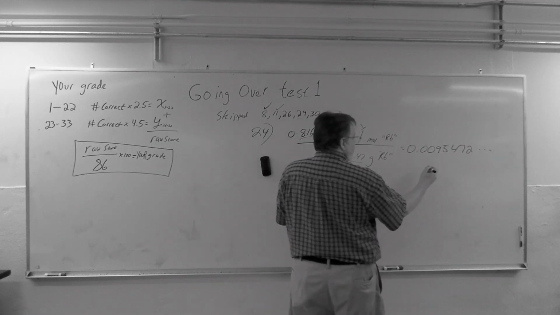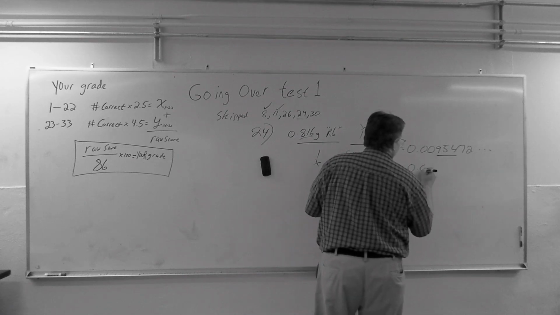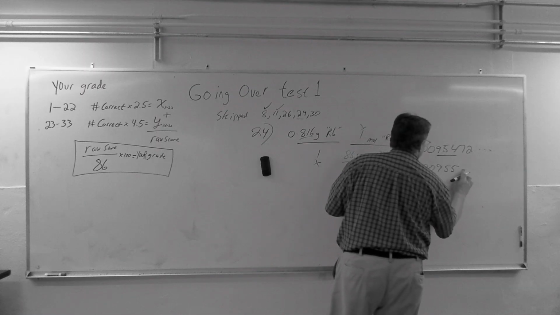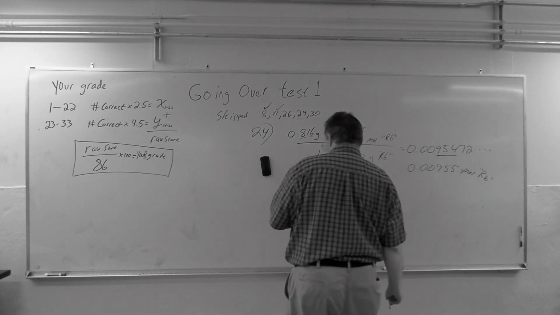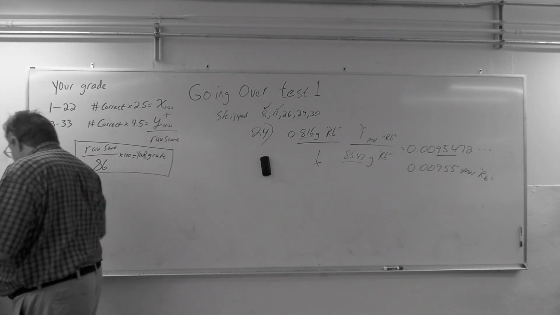It's 3 significant figures, so we're keeping those. The 7 rounds up, so we should end up with 5 moles of Rb. And that's B.